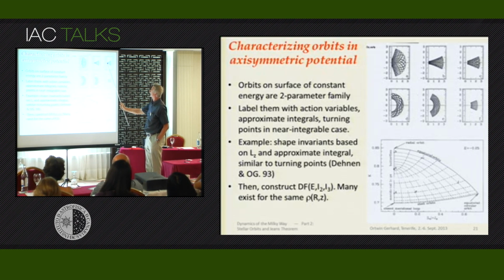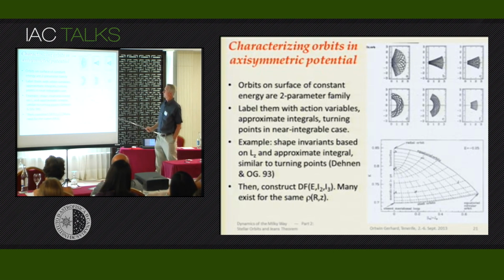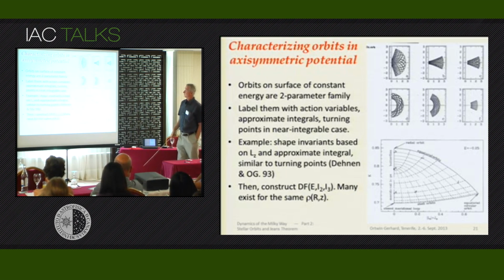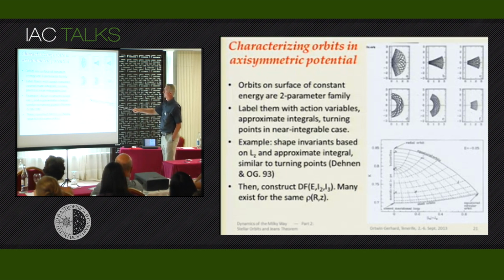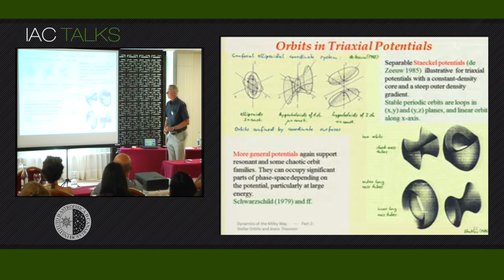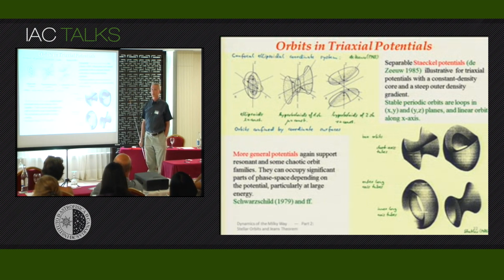There's another set that has a radial thickness 0. You could see that by bringing the inner and the outer limiting radii together, you end up with a shell orbit. And then there's a third limit, which is the orbits of 0 angular momentum, which are those orbits that are in the meridional plane without any angular motion. And these more general orbits would live more or less close to any one of these 3 boundaries.